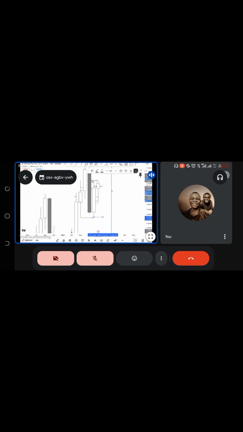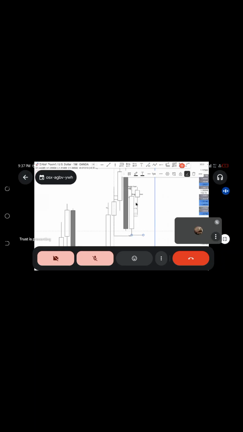A second thing I can do is draw a box, but the box will be on the lower time frame. But here, because this is just one candle, I will just draw this. So here, I can call it protected low.